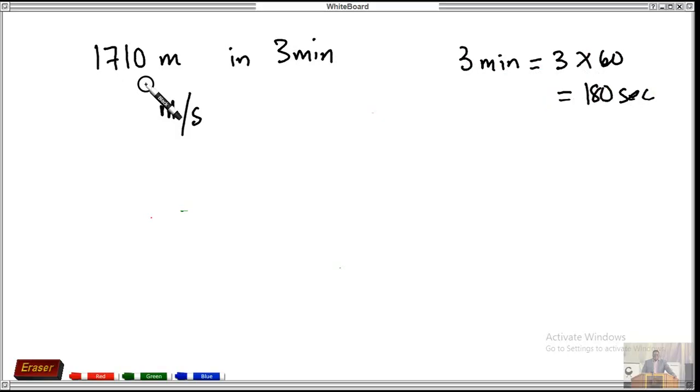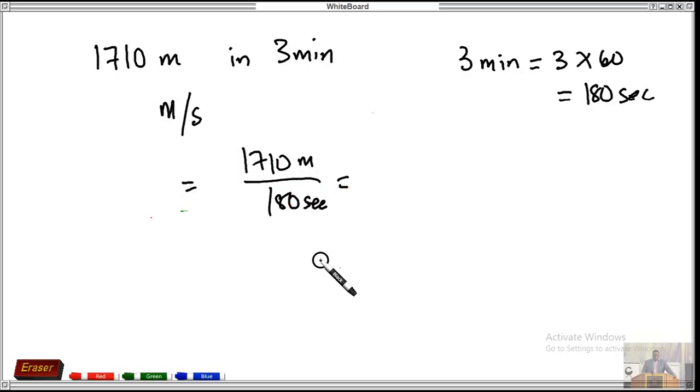The 1710 is already there, so that means 1710 meters, and since it was 3 minutes, it's 180 seconds. If you grab your calculator and calculate this, you will get 9.5 meters per second.